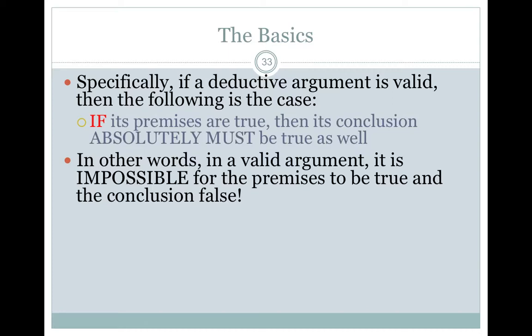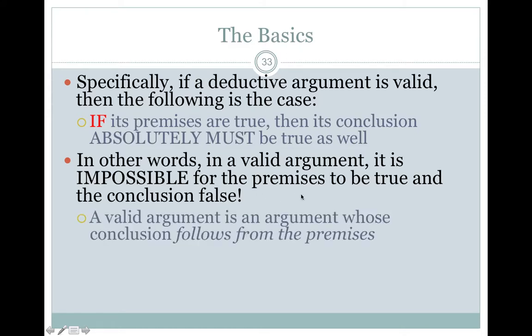In other words, in a valid argument, it's impossible for the premises to be true and the conclusion false. I think if you read this here, which I'm drawing attention to with the cursor, you'll see that it is equivalent to this. One way it's often put is to say that a valid argument is one where the conclusion follows from the premises, follows necessarily.